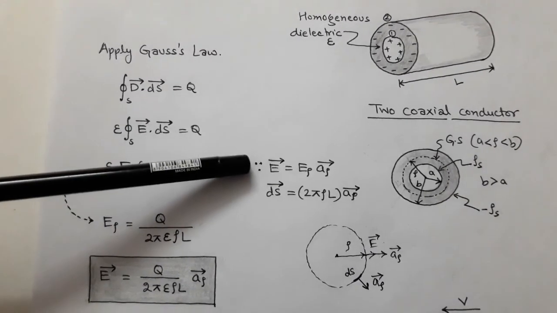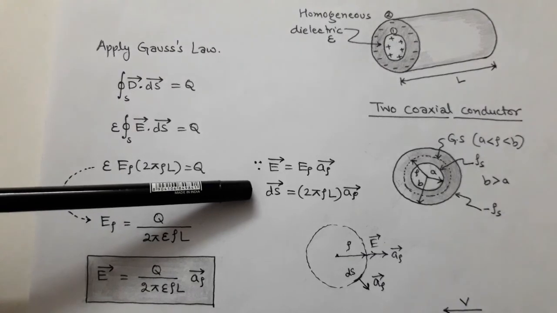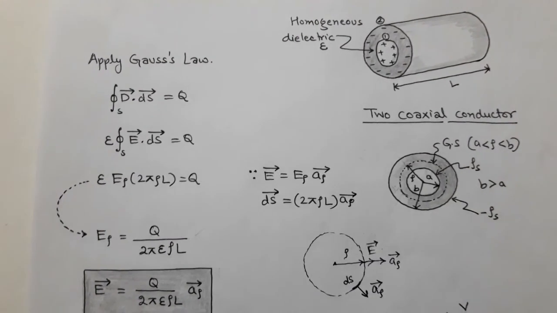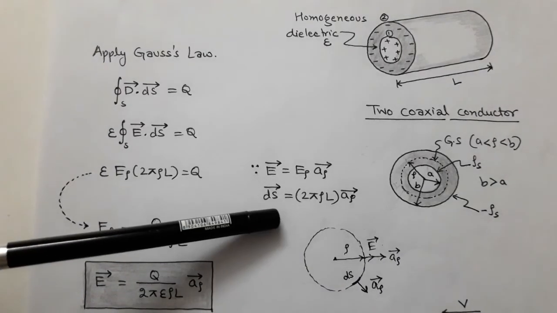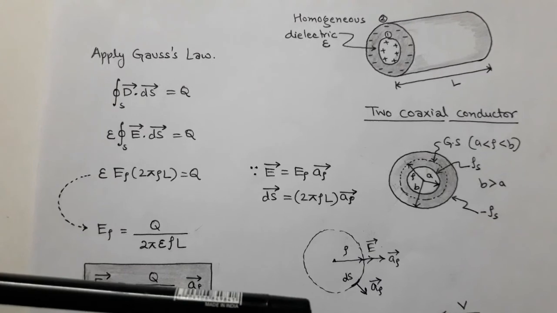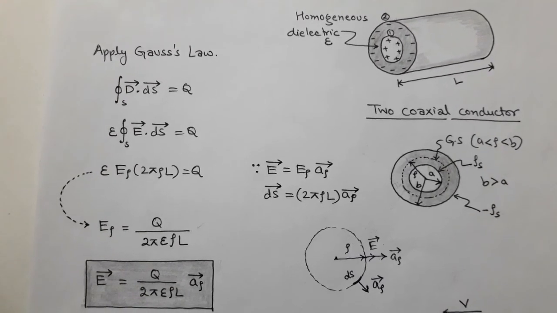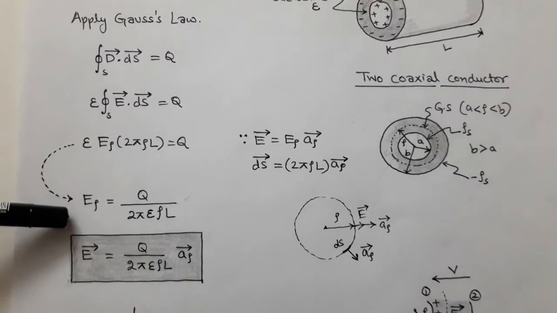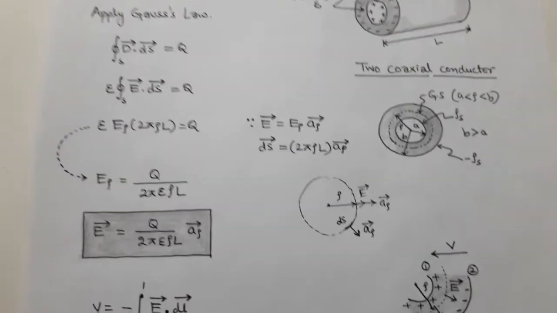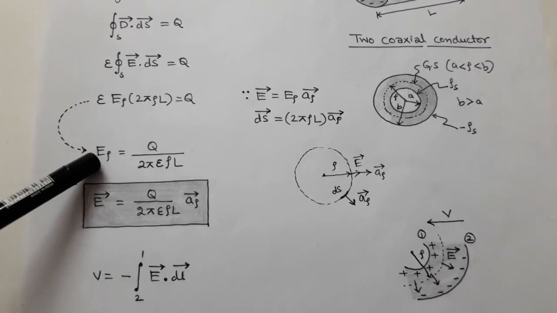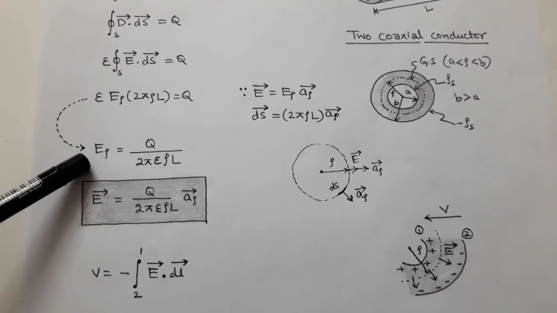After putting the value of E vector dot dS vector, the dot product of E and dS vector is E rho within bracket 2 pi rho L. Now we can write in terms of E rho, that is the magnitude of electric field intensity that is radially outward in the direction of rho. It is given by Q upon 2 pi epsilon rho L.